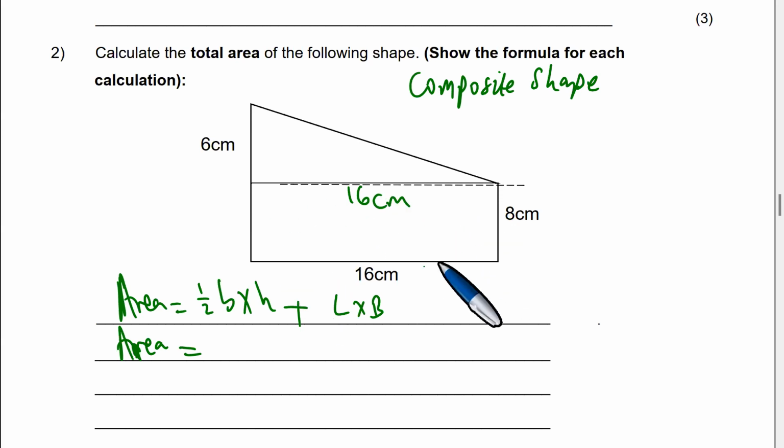So we have the area formula to use for the triangle and then the rectangle formula to use for the base of the composite shape. So using that formula, what do you think the answer is to the question?